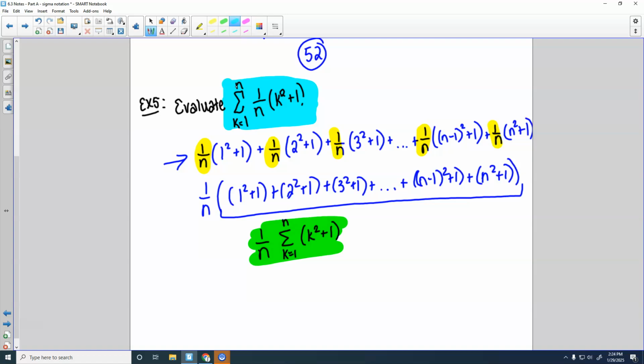Much like we did with derivatives and limits, if we were doing the derivative of 2 times f of x, we could just keep that constant out front, right? So as long as this does not involve the variable that is changing, it can be factored out front and taken out front.